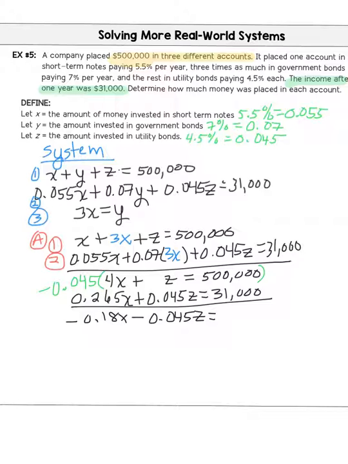So I get negative 22,500. Then we're going to add to that 31,000.